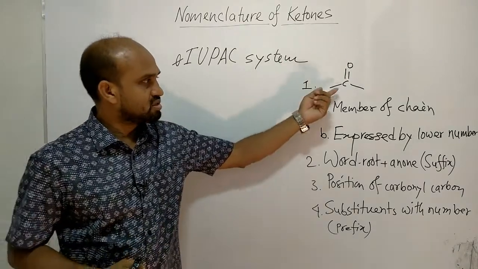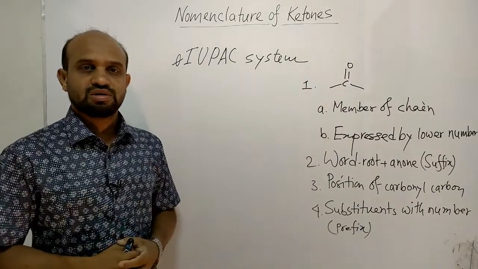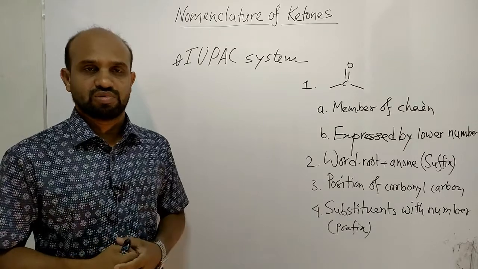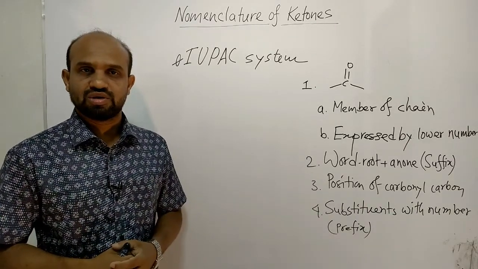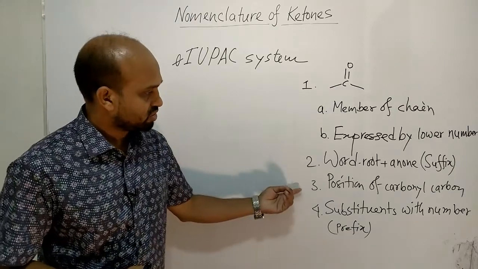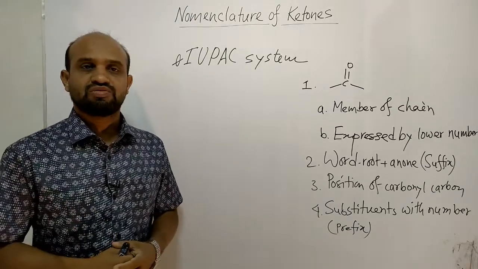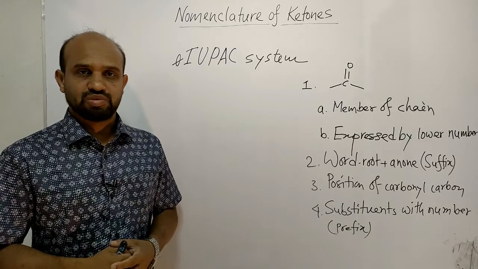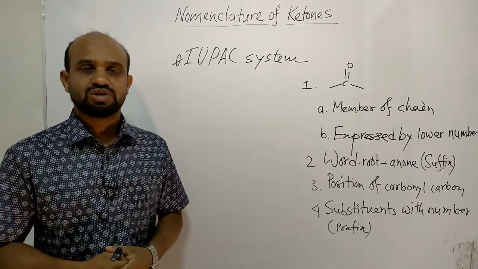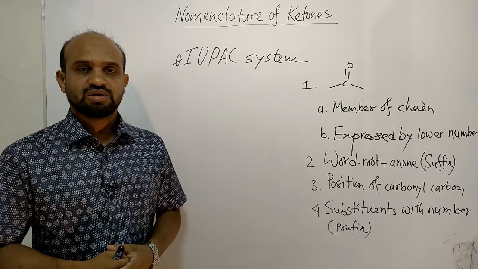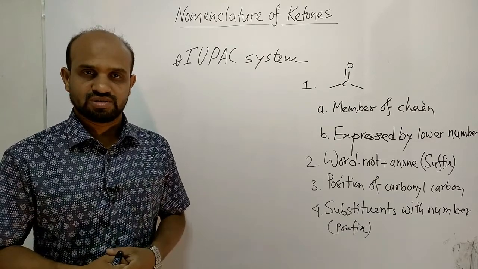Again, this carbonyl carbon is expressed by a lower number. Then word root plus anone as suffix. Point number 3, the position of the carbonyl carbon will be mentioned. Point number 4, substituents with number are used as prefix.